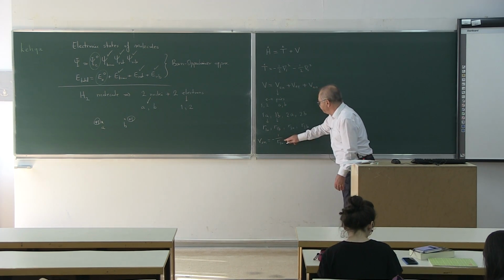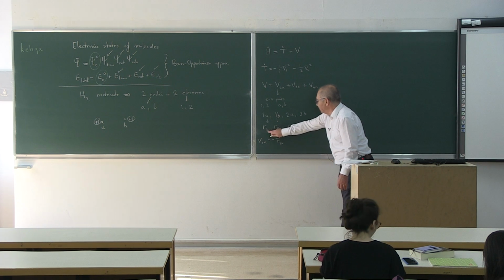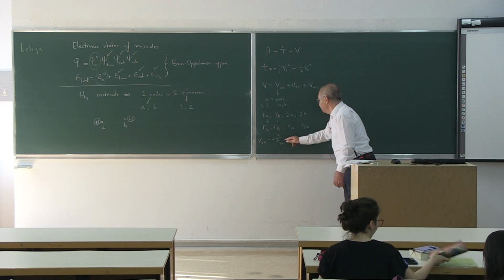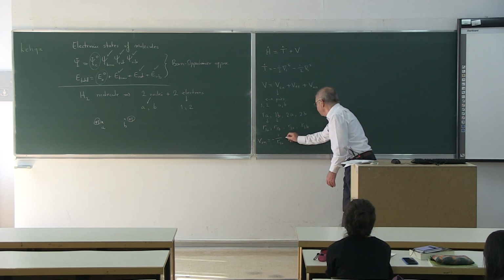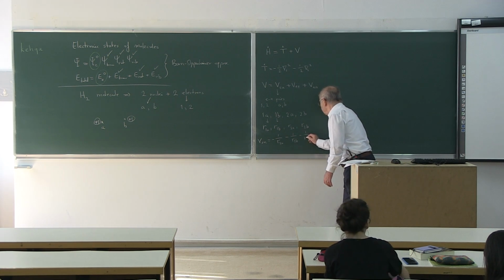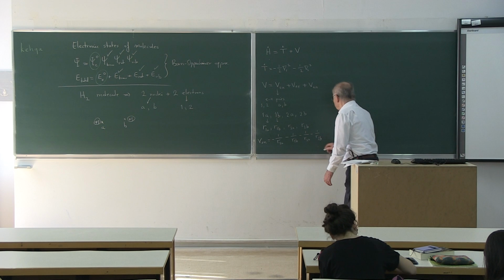So this term is the contribution from this pair. Similar contributions come from this pair, that pair, that pair: -1 over r1B, -1 over r2A, -1 over r2B.